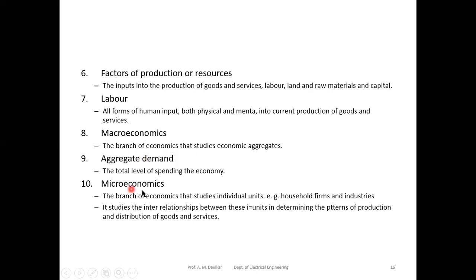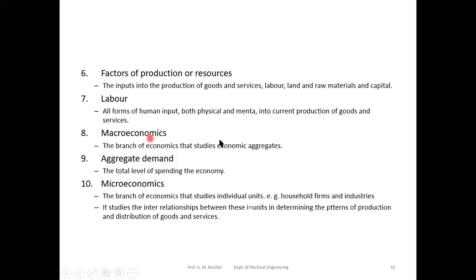Next one is microeconomics. This is the branch of economics that studies individual units, for example, households, firms or industries. It studies the interrelationships between these units in determining the patterns of production and distribution of goods and services. So we already know one is macroeconomics, one is microeconomics.